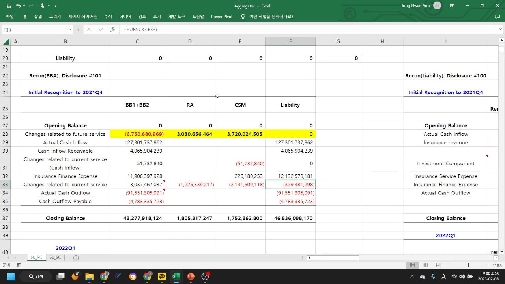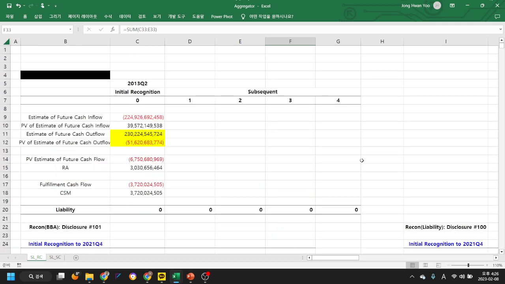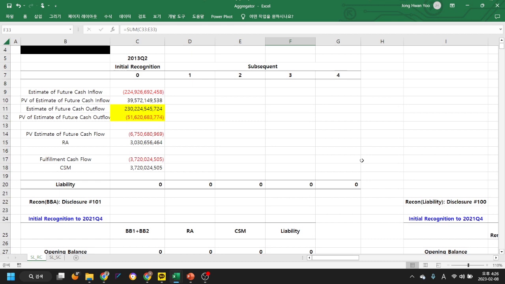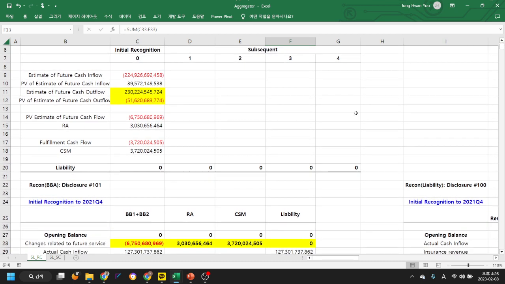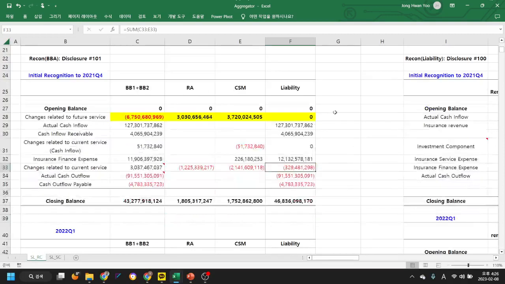So this is a transition, and you should have all the actual data, and then you go back to the 2013 second quarter, and as I have already shown you, you apply whichever of full retrospective or modified retrospective is based on the standards, and you come up with the 2021 year end closing balance like this.